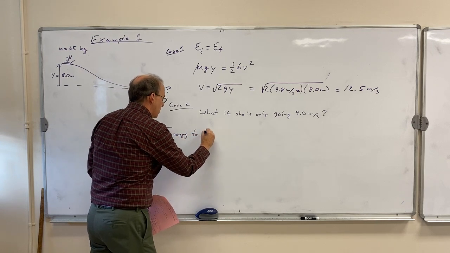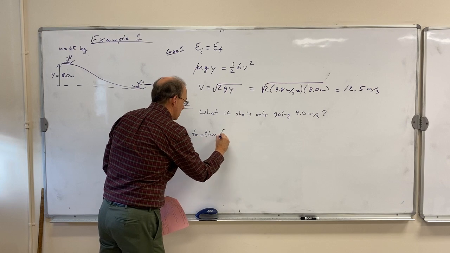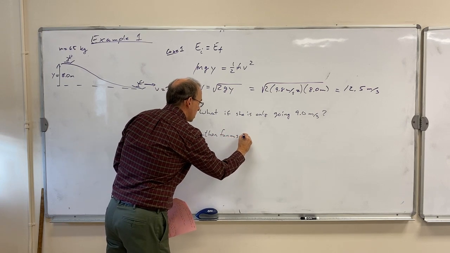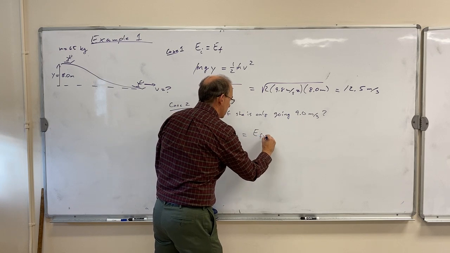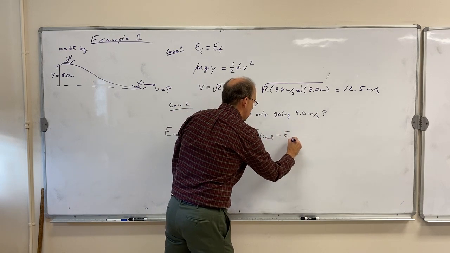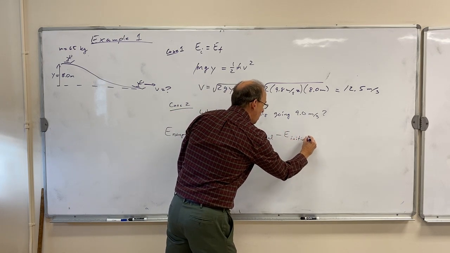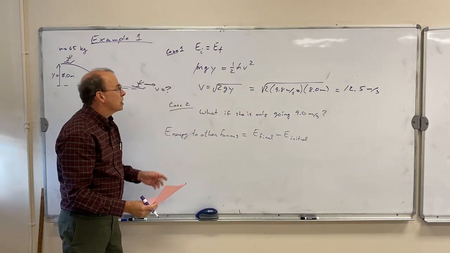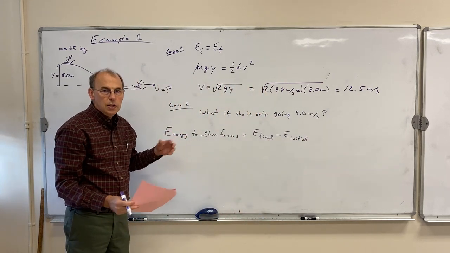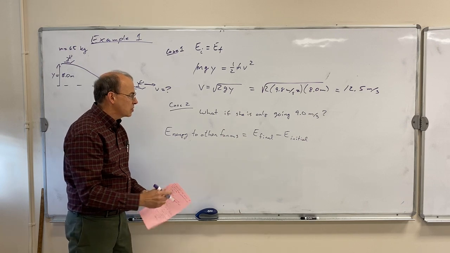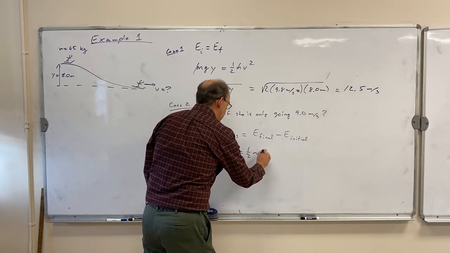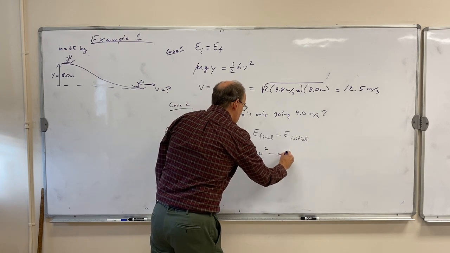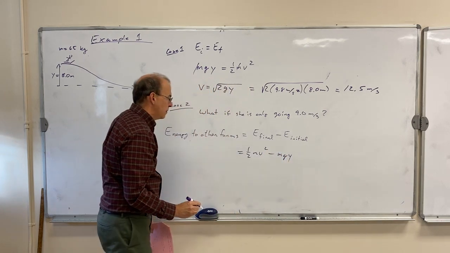So the energy to other forms is just E final minus E initial. I hope that's obvious. If these are not equal, then the energy that went other places is just their difference. So E final would be 1/2 mv squared minus E initial would be mgy.